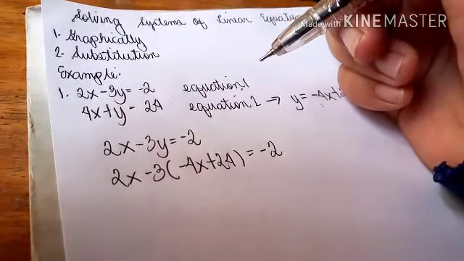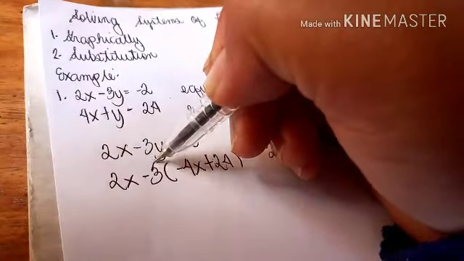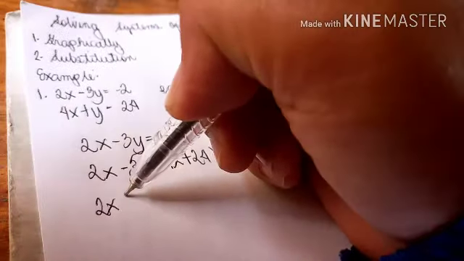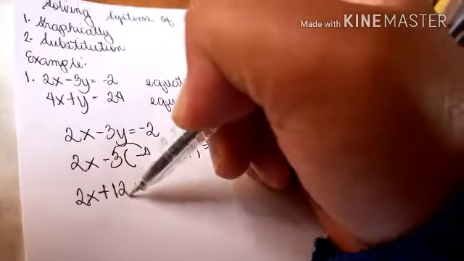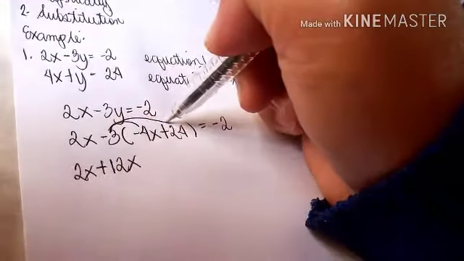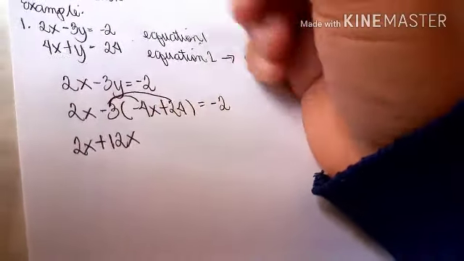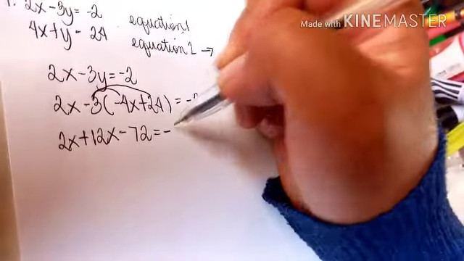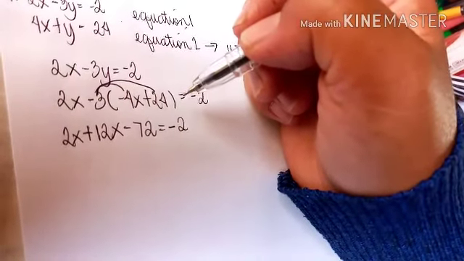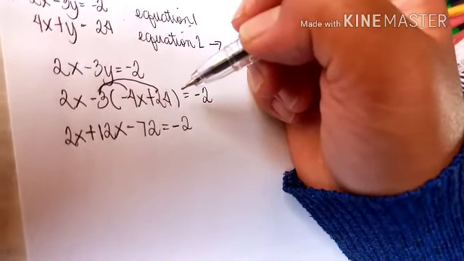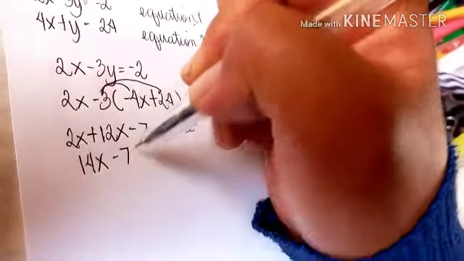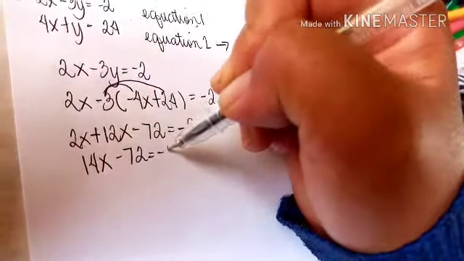Using the distributive property, we multiply negative 3 to negative 4x, so we have 2x plus 12x, and negative 3 times positive 24 is negative 72, equal to negative 2. Now, let's simplify by adding similar terms, which are 2x and 12x. That would be 14x minus 72 equals negative 2.